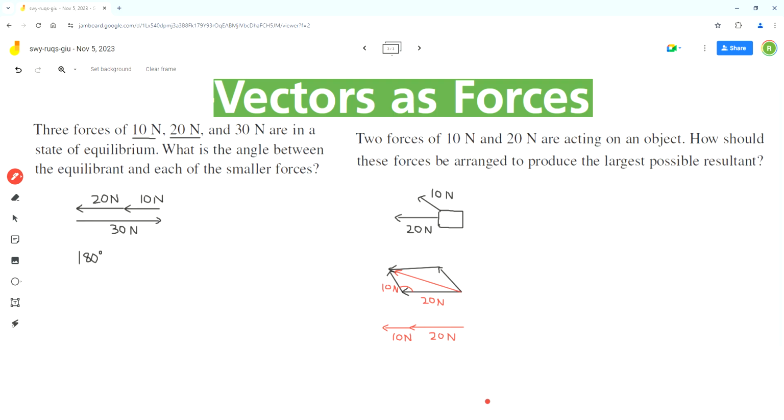So the largest possible resultant is achieved when the forces act in the same direction. So this should be the final answer for this second problem.